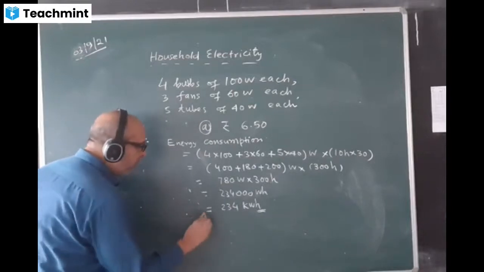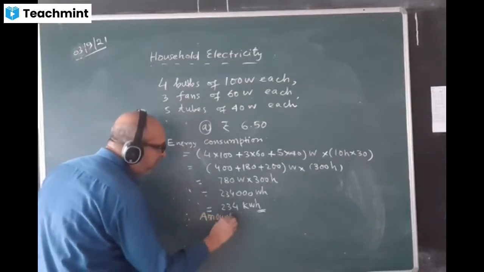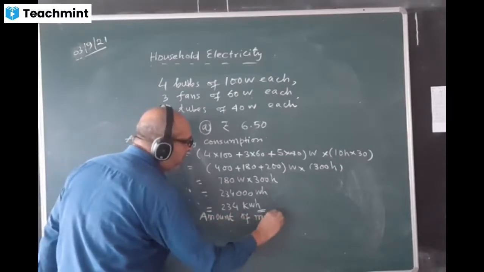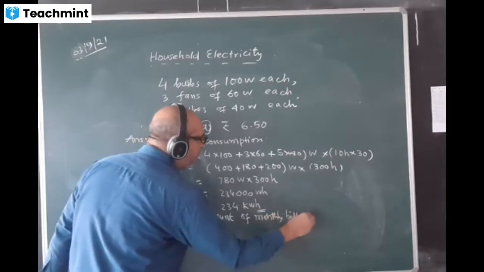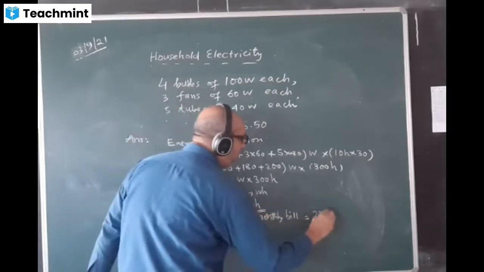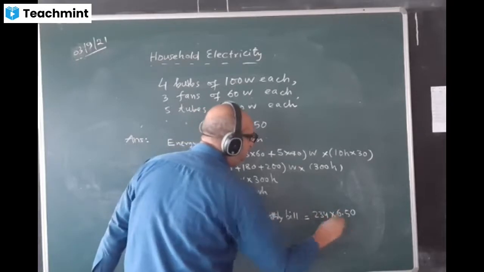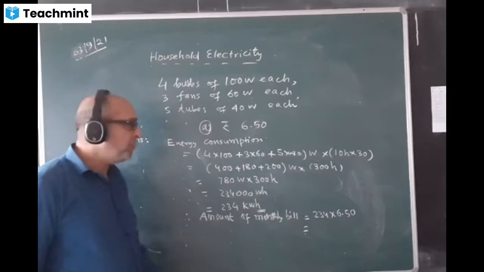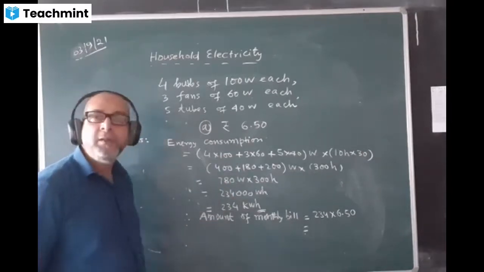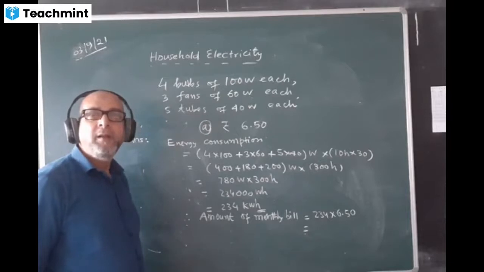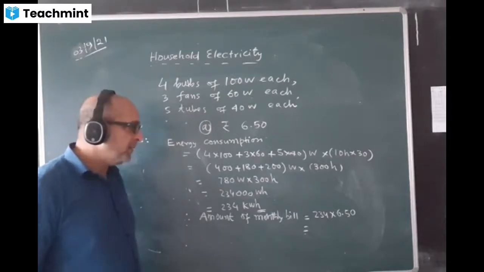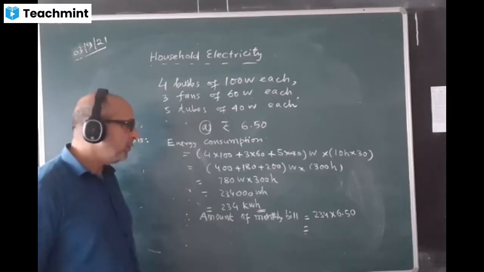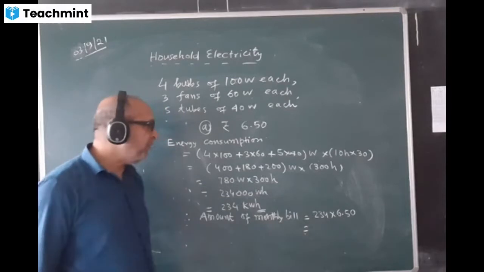Therefore, the amount of monthly bill is equal to this answer, 234 into 6.50, we will multiply. What is the answer? 234 into the rate, how much?